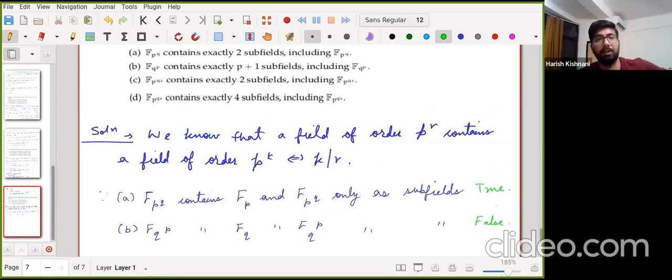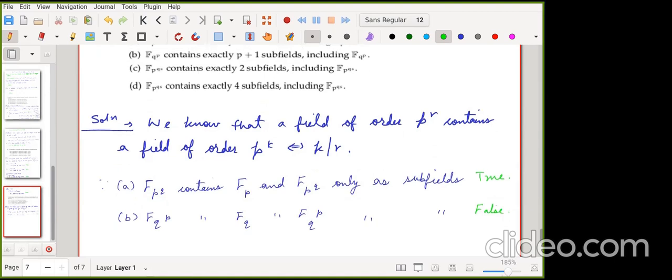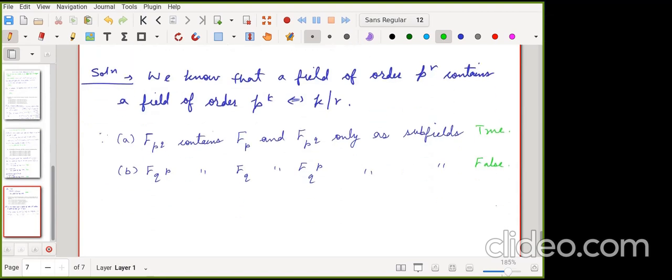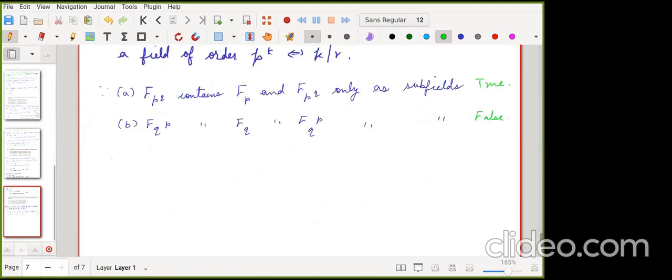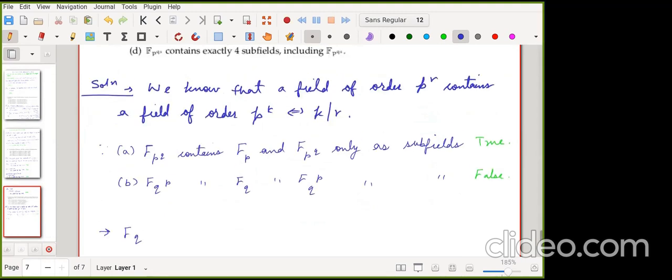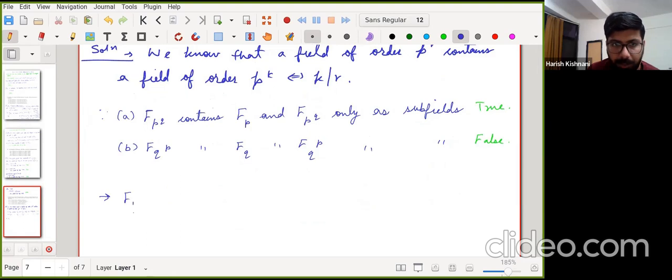What about the third part, C? 1, q, s, qs. Yes, so there are 4. So C is not correct, but D is correct. It's good that they have already said that q and s are primes.